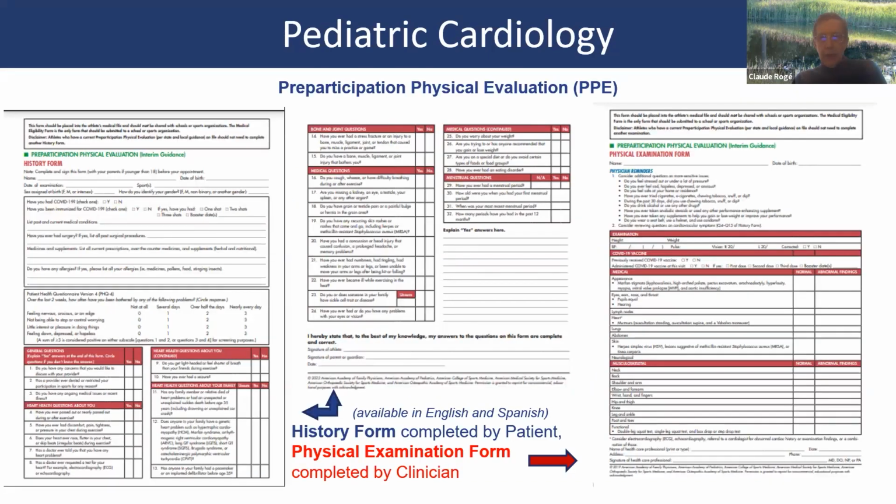And so this one here that I'm showing, there are two elements: the history form that's completed by the patient, and then one physical examination form that's completed by the clinician. The history form, at least from the American Academy of Pediatrics website, is available both in English and Spanish. The physical examination form is only in English.